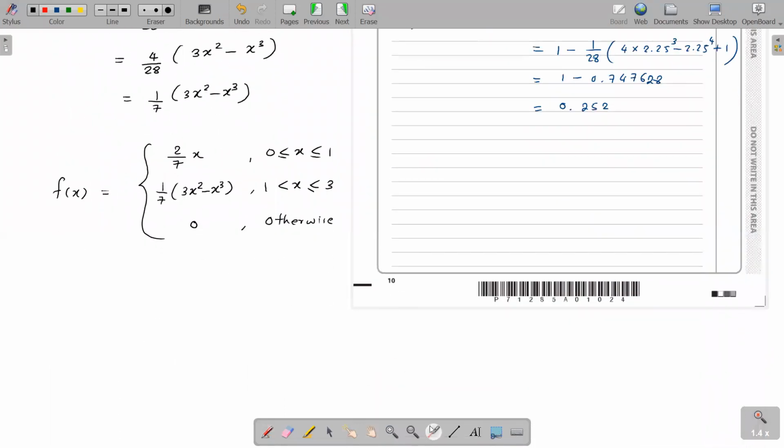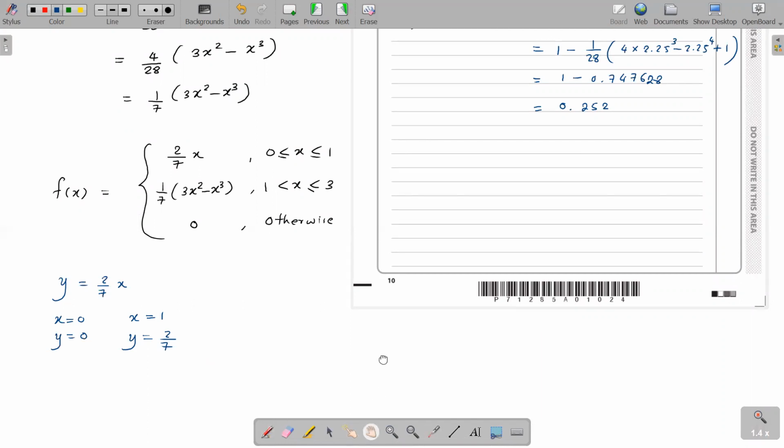When you sketch it, you can see 2 over 7 x is a straight line. So when you sketch y equals 2 over 7 x, let's get the two critical points. We start at 0: when x is 0, y is 0, right? And when x is 1, y is 2 over 7. Just replace: x is 0, y is 0. When x is 1, 2 over 7 into 1 is 2 over 7. Are you with me?